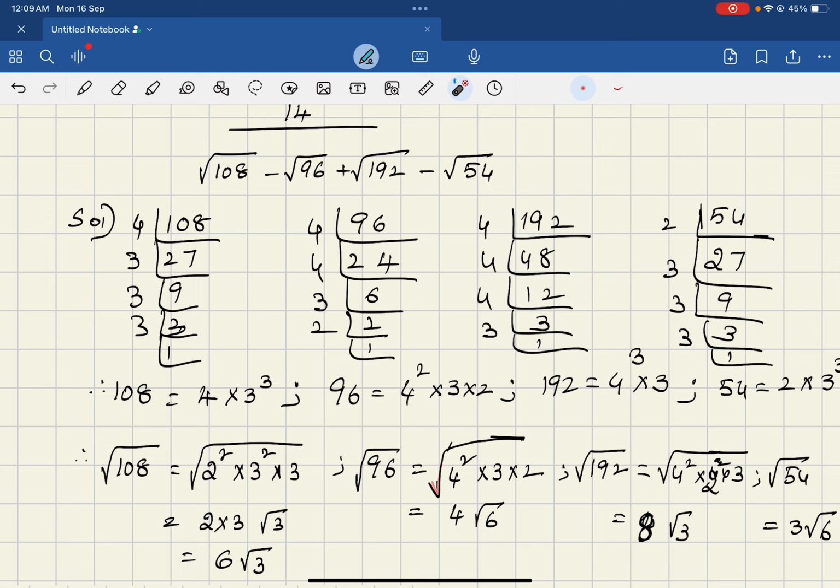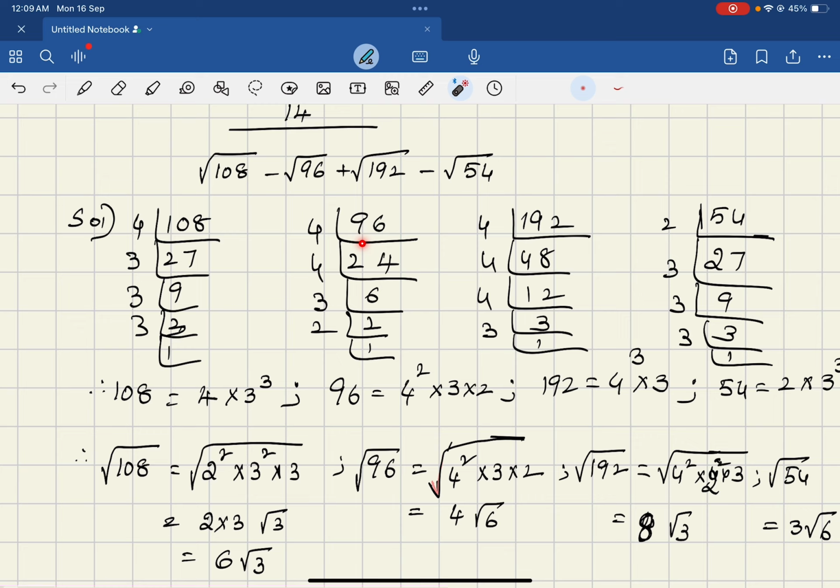So 108: of course 4 is not a prime number, but I can write it as 2 square, so that it is a quick way of division. Then we can write this as 108: 4 2s are 8, 3 9s, 3 3s, 3 1. So you can express 108 as 4 times 3 cube.